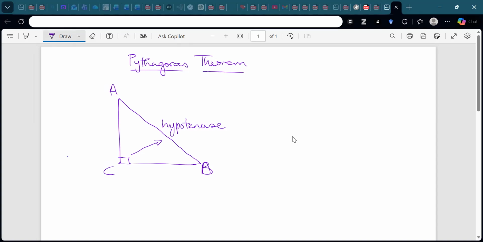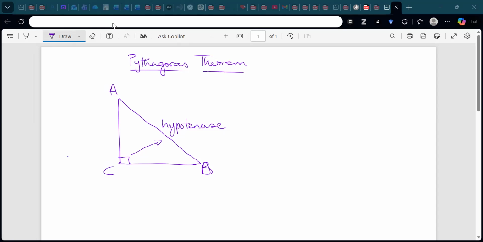It is the side that this little box is pointing to.